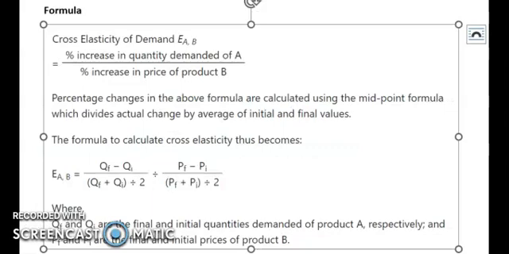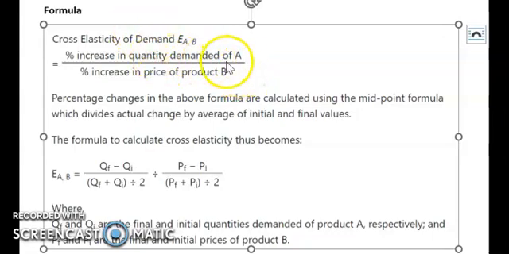So this is the formula for calculating cross elasticity of demand. It's percentage change in quantity demanded of good A divided by percentage change in price of good B. For example, taking margarine and butter: percentage change in quantity demanded of margarine divided by percentage change in the price of butter.